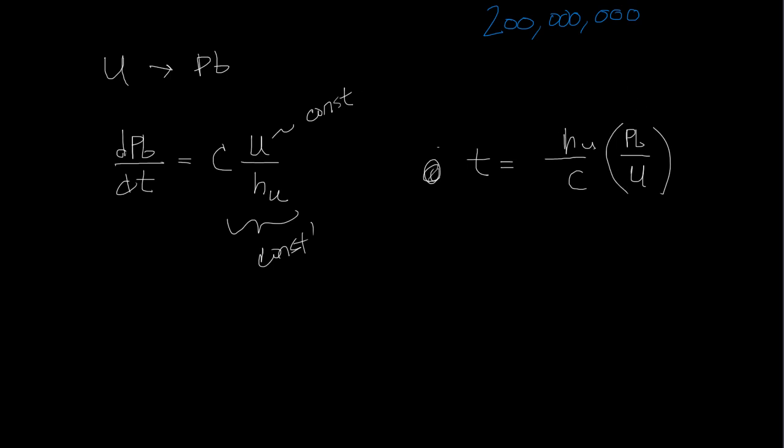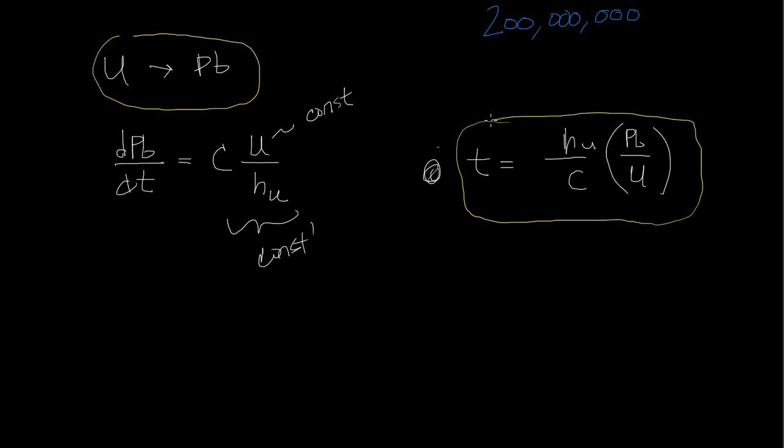In other words, if we forget about radium, just using the uranium directly to lead relationship, because after all, the decay of radium to lead happens relatively very, very quickly, right? We can directly get an equation that allows us to calculate directly the age of a rock just based on its lead to uranium ratio, once again making the small assumption that the concentration of uranium doesn't change very much. And essentially, this is what he did before.